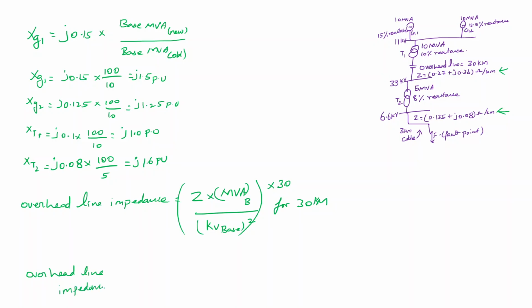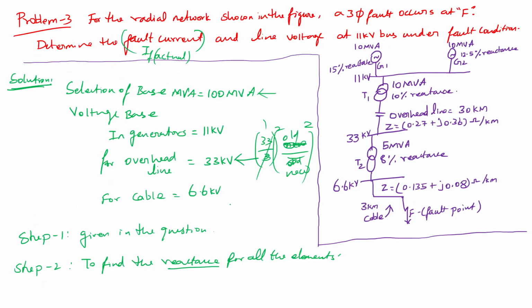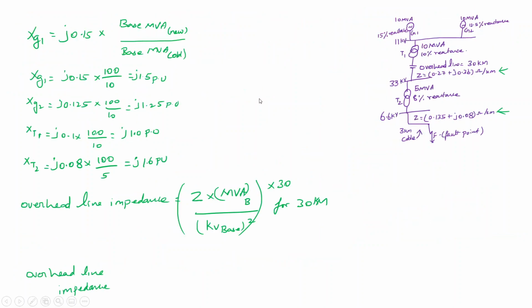Sir, MVA will be 10, no? MVA for the overhead line, how much? 100 only for all areas, whether it is the generator, overhead line or cable. We consider only 100 MVA. So MVA is 100, and the Z value they have already given, multiplied by 30.